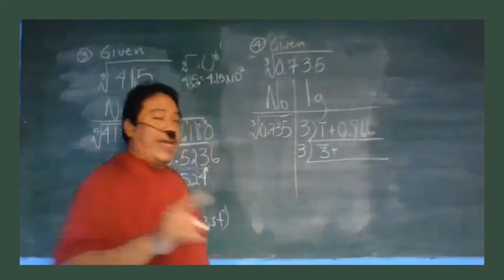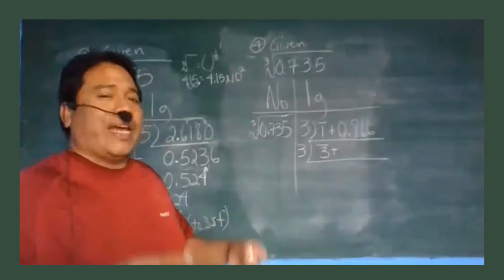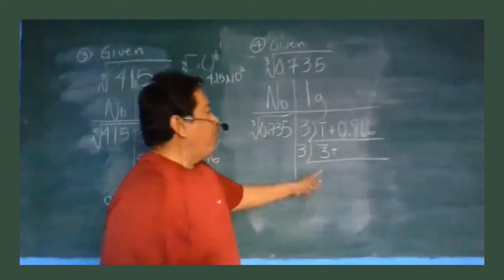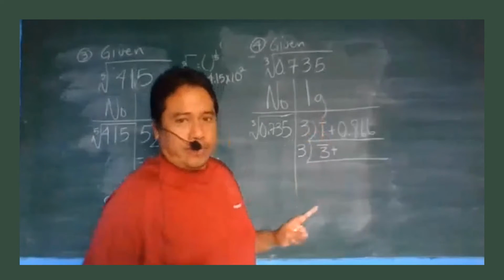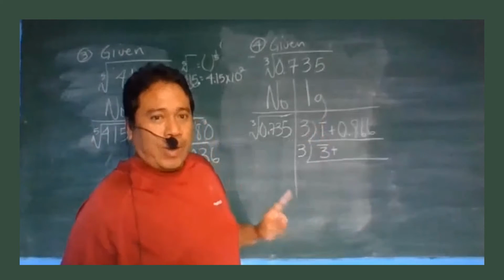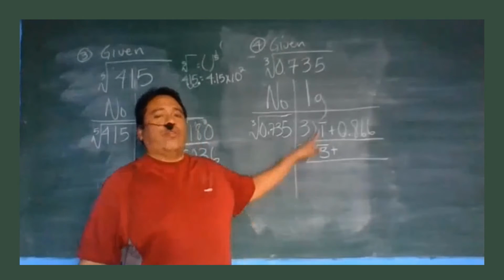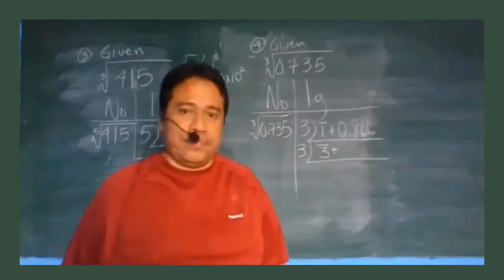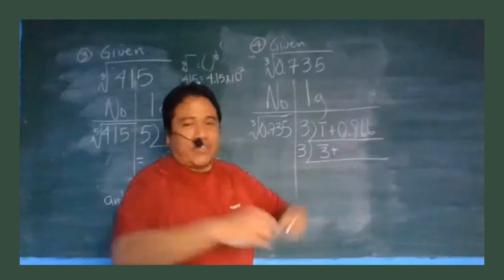But I cannot change the number. What would I need to add to bar 3 to take it back to bar 1? What would I need to add to bar 3 for it to remain as bar 1? Positive 3? No, if it's negative 3 and positive 3 will give me 0.